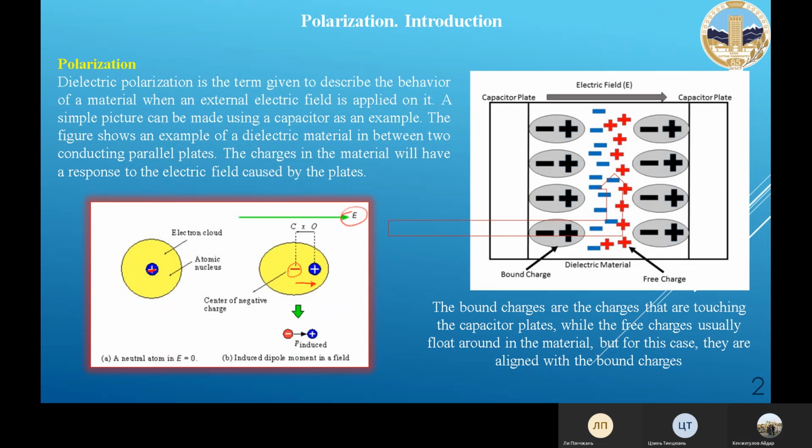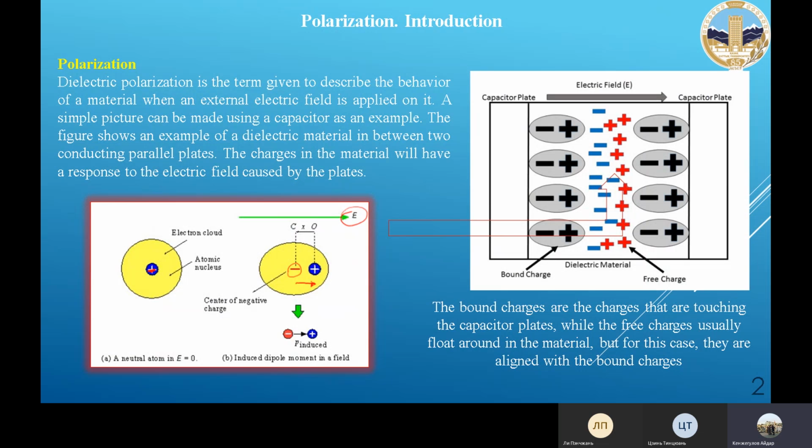Polarization introduction. Dielectric polarization occurs when a dipole moment is formed in an insulating material because of an externally applied electric field.